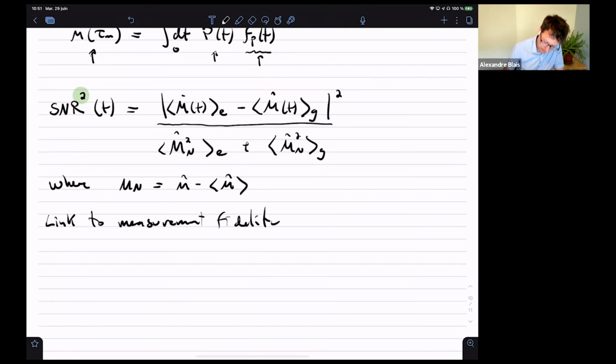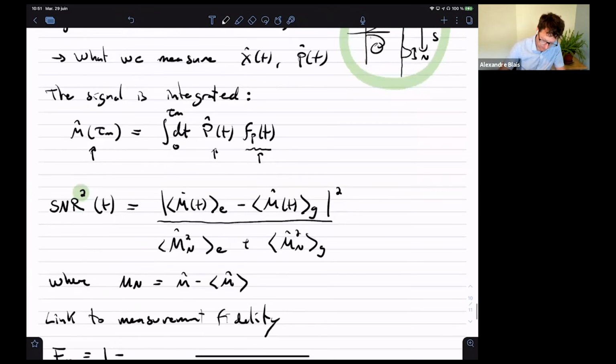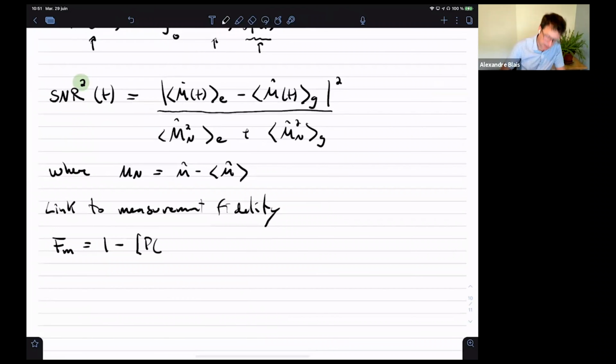You can link the measurement fidelity, which I'll call F, to the SNR. It can be defined in the following way: 1 minus the probability that if you start in the ground state you see an excited state, plus the probability that if you started in the excited state you saw a ground state.